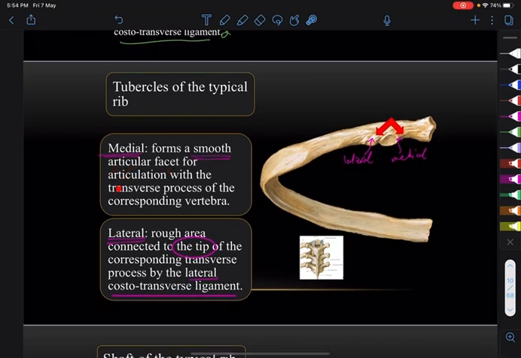Articular facet for articulation with the transverse process of the corresponding vertebra.